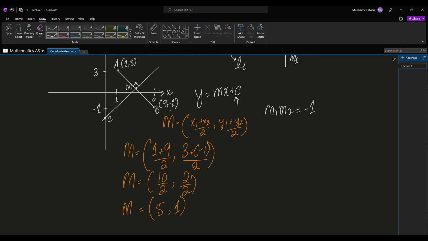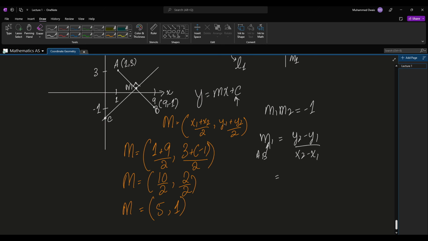So what we can do is find the gradient of AB, and then we can find the gradient of this perpendicular line, which I can call m2. So then I can just say m1, the gradient of AB, is y2 minus y1 over x2 minus x1.